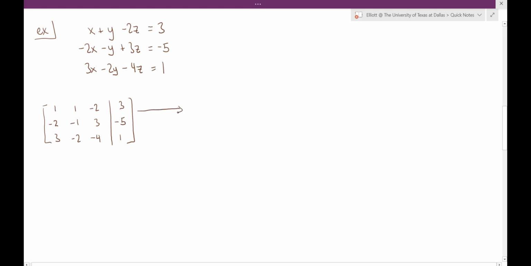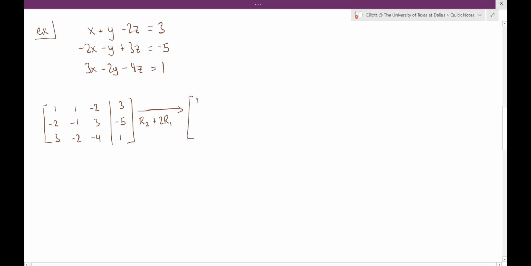So if I want to get rid of the negative 2, I could take row 2 and add 2 of row 1. So when I multiply row 1 by 2, I get a 2 here. And then adding it to row 2, I would eliminate the negative 2, and that would produce a 0 there.